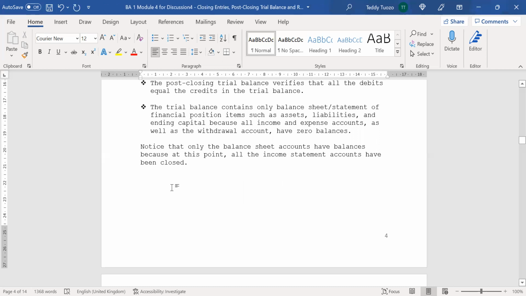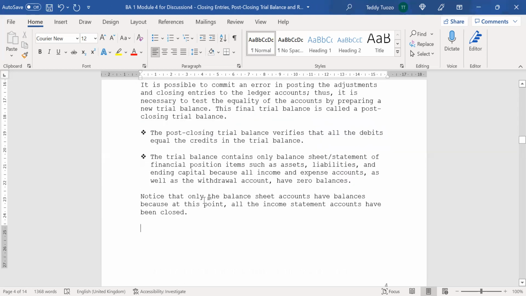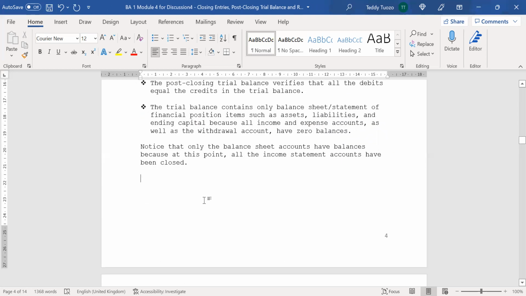Again, the other term for the post-closing trial balance is a balance sheet or statement of financial position in trial balance form.